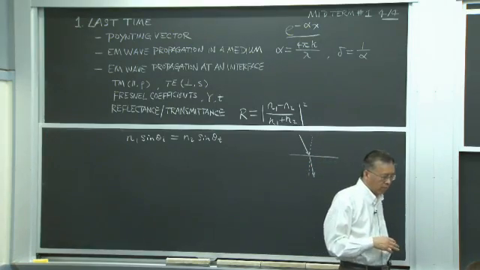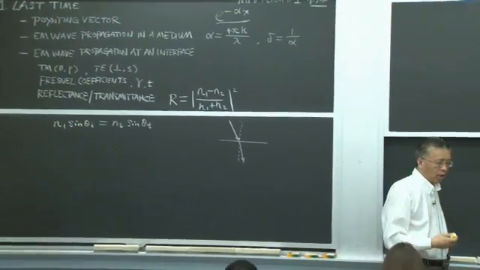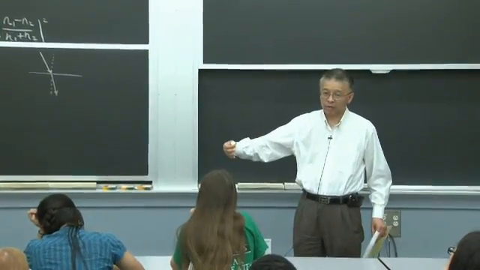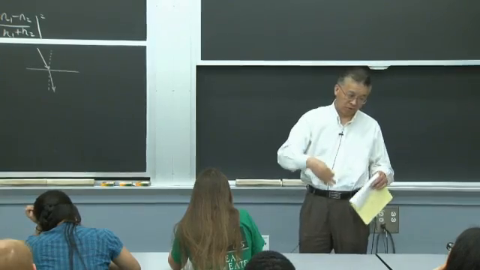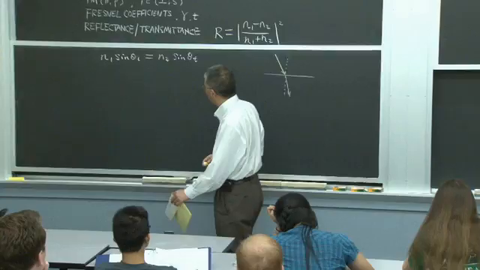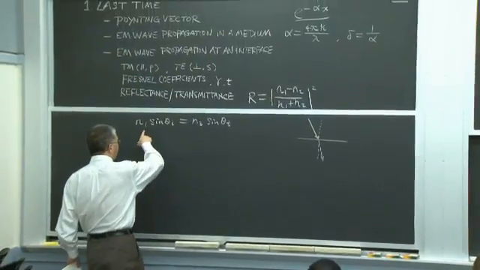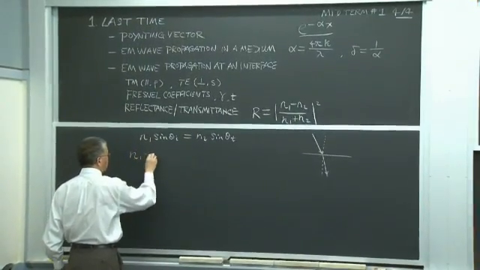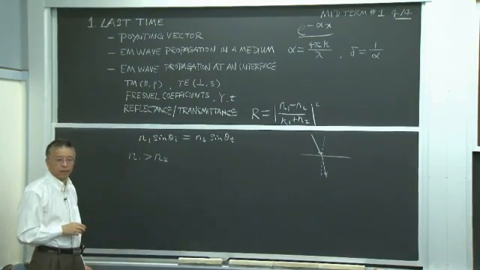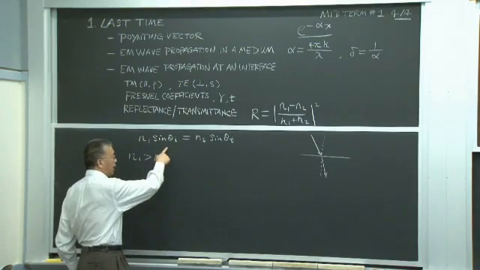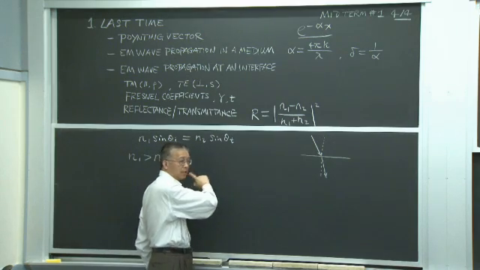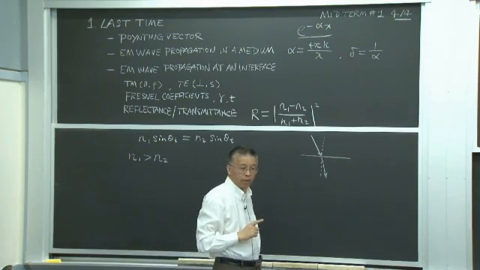But you could have the opposite case where the light is traveling inside the medium and goes out, right? In that case, if N1 is larger than N2, the refracted angle theta t is larger than theta I, right?